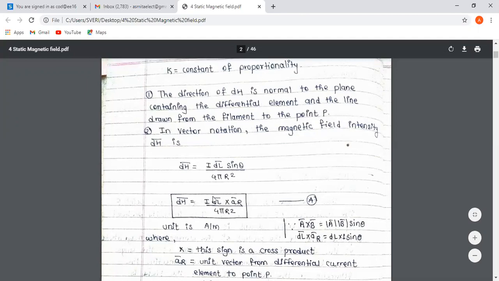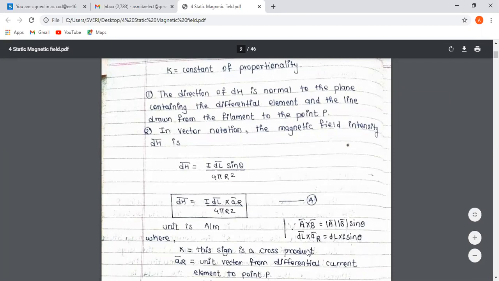Now here this dl bar is one vector and your a bar r is another vector. This is the cross product of these two vectors, dl bar and a bar r. Now it is just like the vector product of two vectors a bar and b bar. Consider a bar as dl bar and b bar as a bar r, then we get mod of a bar, mod of b bar.